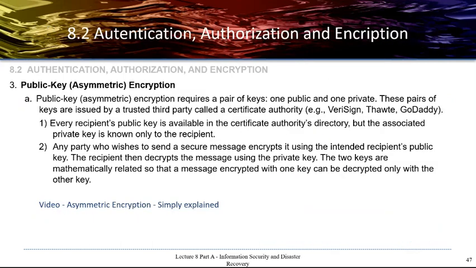So public key asymmetric encryption requires a pair of keys, one public and one private. These pairs of keys are issued by a trusted third party called a certificate authority.